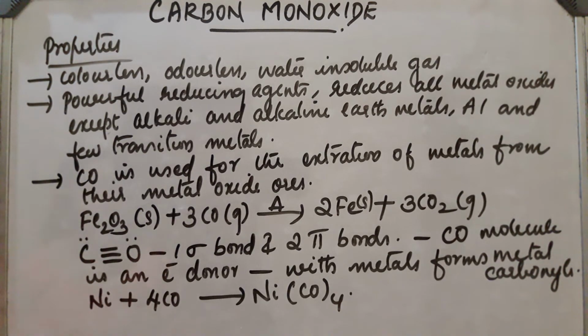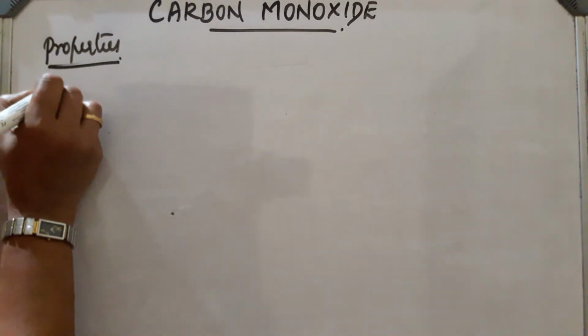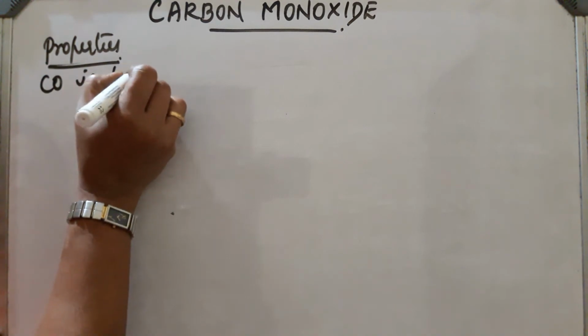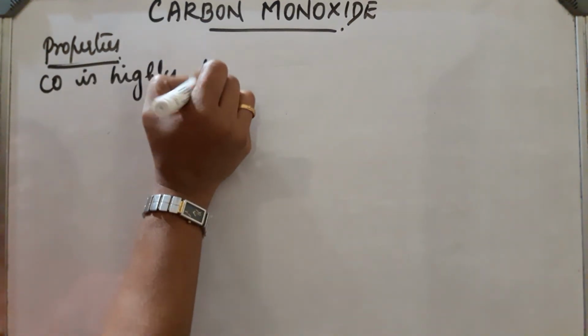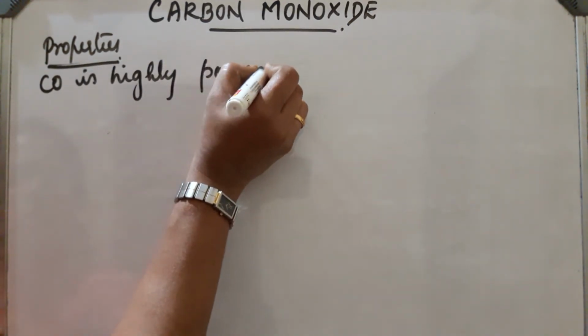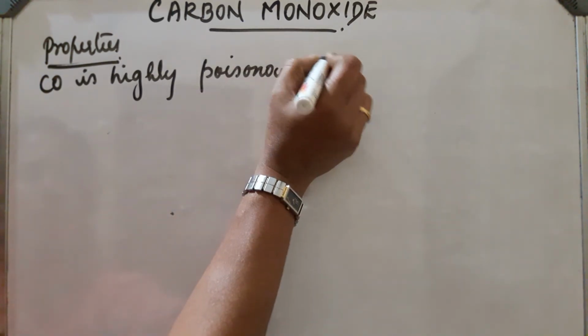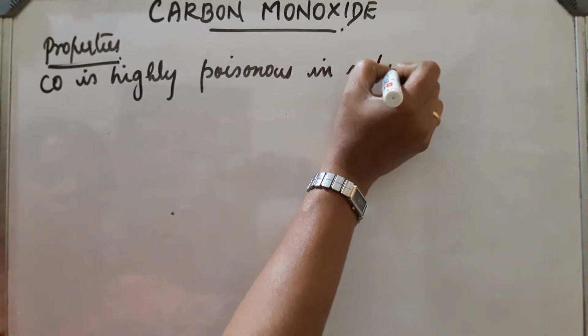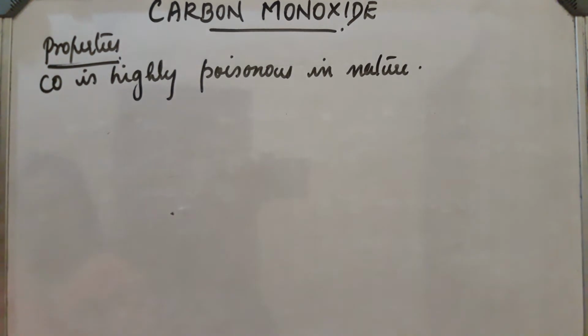This is another property. Carbon monoxide is highly poisonous in nature. This is due to the following reason.